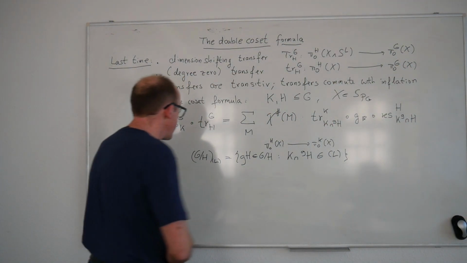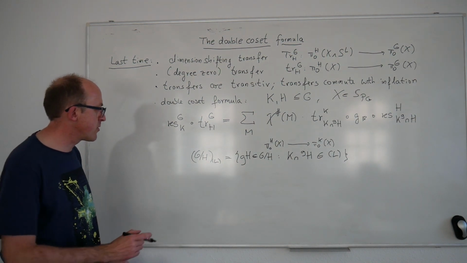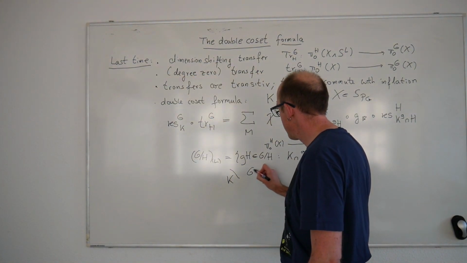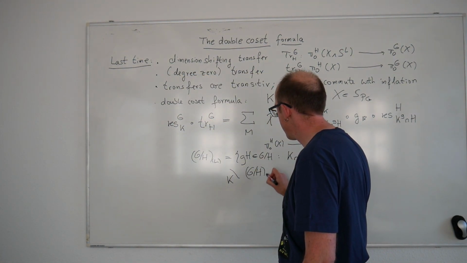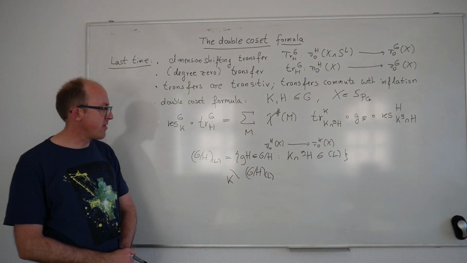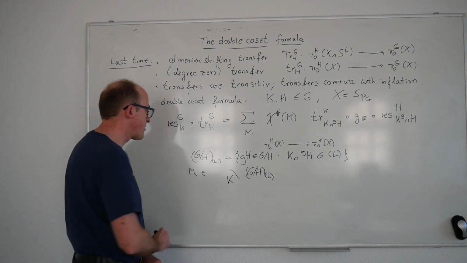So this is a K invariant subspace, locally closed, and we can look at its quotient space. So we divide out the left K action on G mod H L. So this will be a smooth manifold, typically not compact, and it will decompose into different connected components.